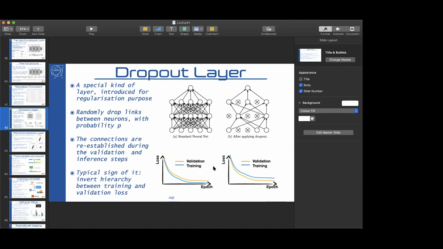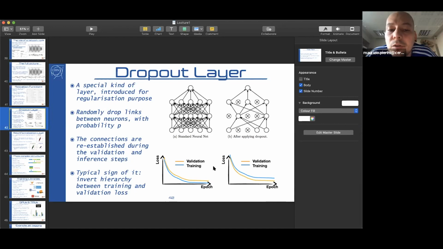But then when you run with dropout, out of these 10 nodes, each node will have probability P, let's say 20%, that you decide, to be switched off during a given iteration of your stochastic gradient descent minimization. And then in the next iteration, it would be put back to the value it had before being switched off. And doing so, you're basically disturbing your learning process, such that the learning process has more difficulty to learn. And so you are implicitly preventing it from learning too much, if you let me pass the expression.